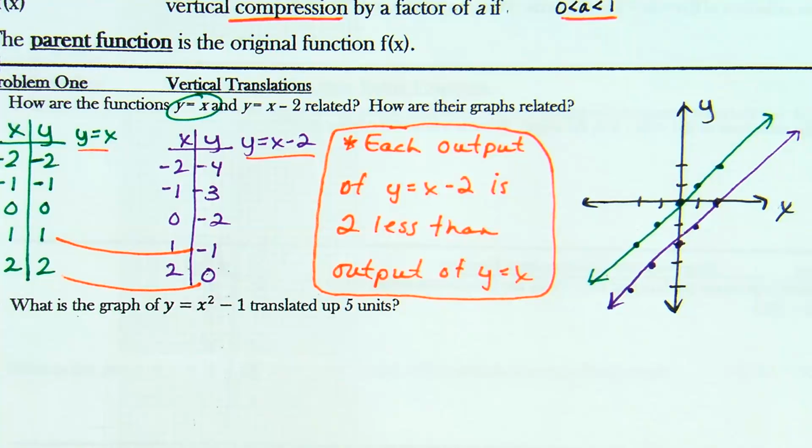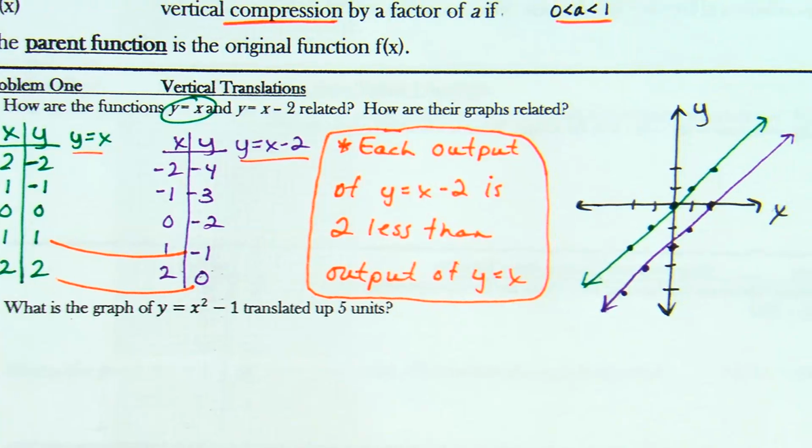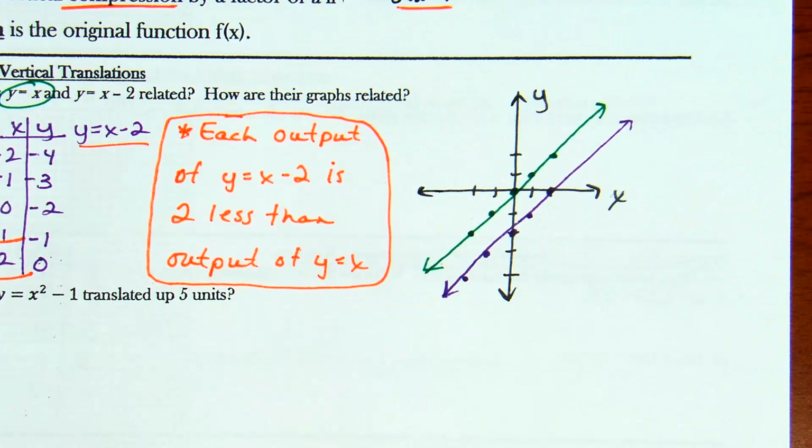what's the connection between the graphs? It's the same line with what happening? It moved where? Where'd my graph move? Down 2, yes?